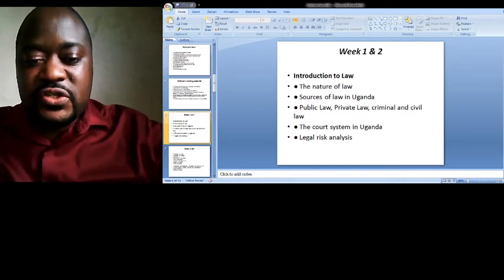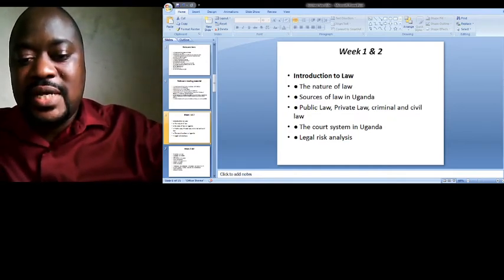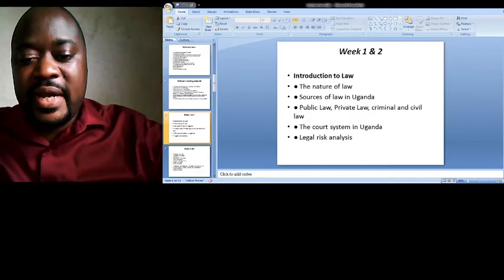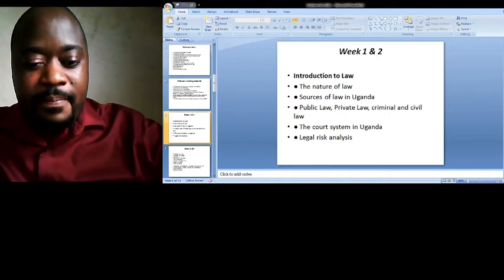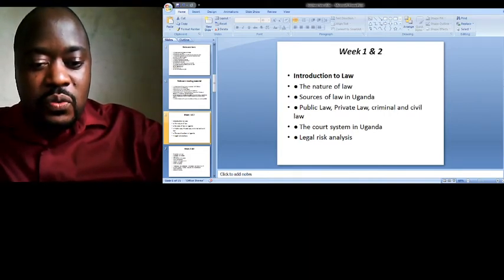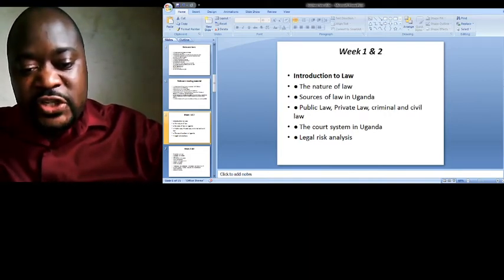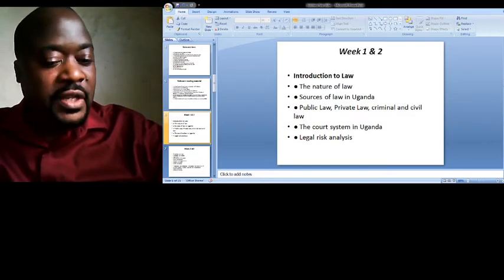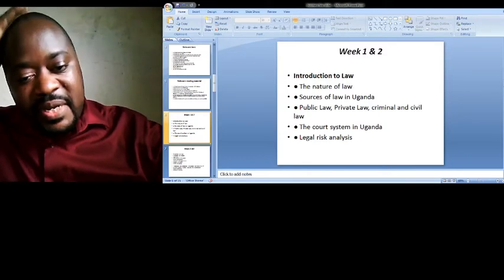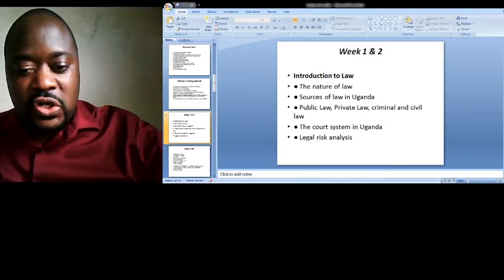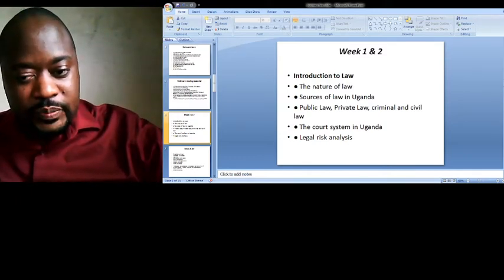So under sources of law, we'll look at where we can be able to get the different laws in case we are in need of them. Now, we'll look at what we call classification of the law. And under classification of the law, we'll address ourselves to public law, private law, criminal, and civil law.